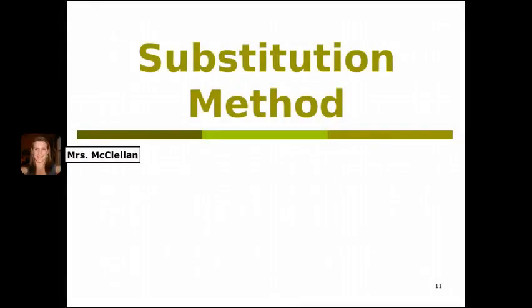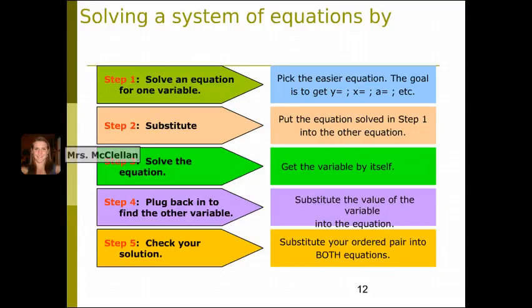Okay, so now we're going to learn how to solve a system of equations using substitution. As you can see, there are 5 steps for solving a system of equations by using substitution. The first thing that you're going to want to do is solve an equation for one variable.